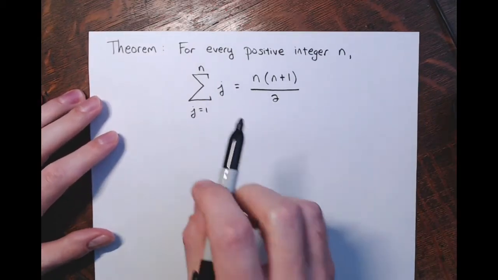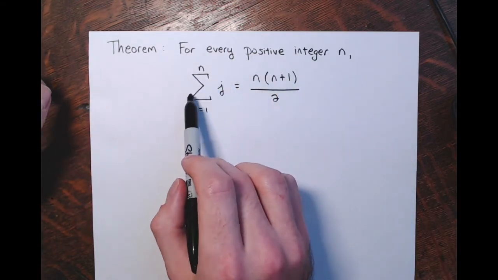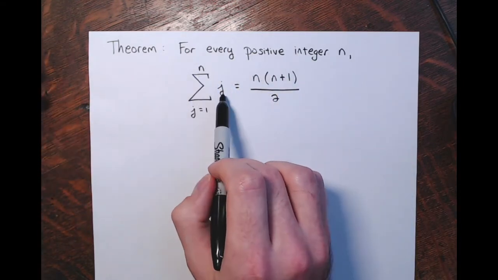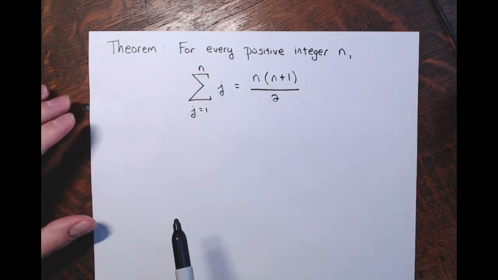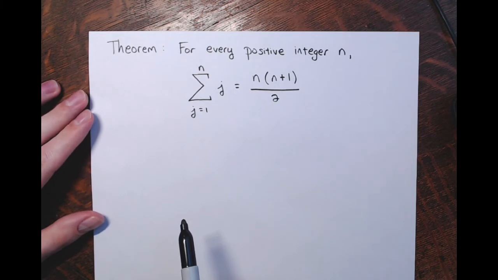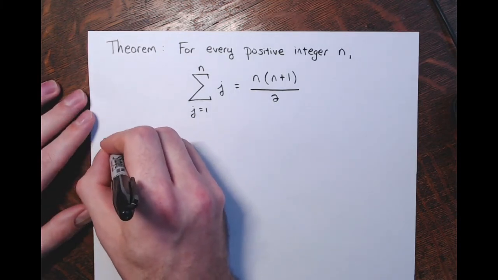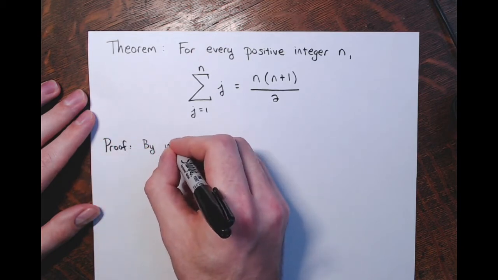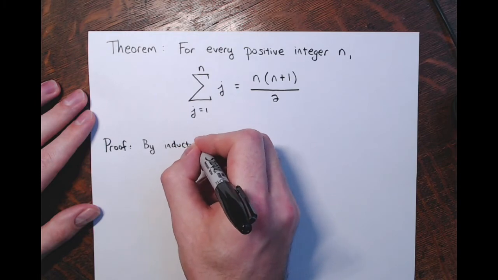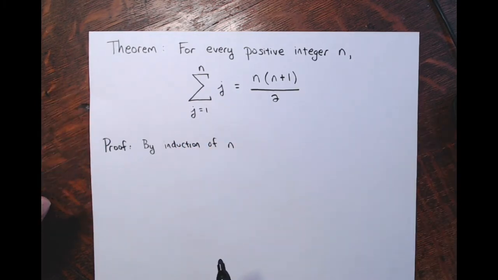So again, for every positive integer n, the sum from j equals 1 to n of these j terms will be equal to n times n plus 1 over 2. So here I'm going to write, this is proof, and this is a proof by induction on n, the value of n.